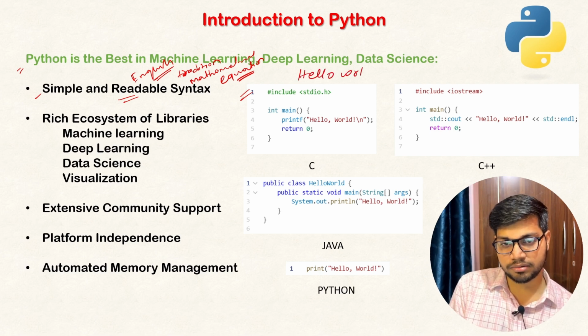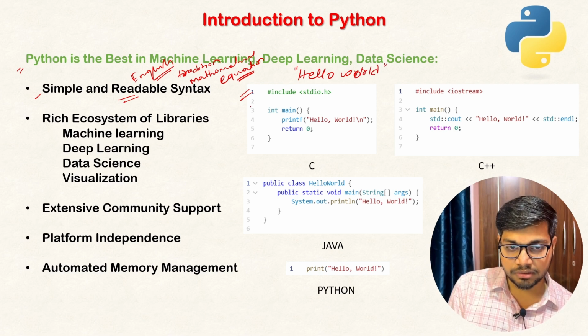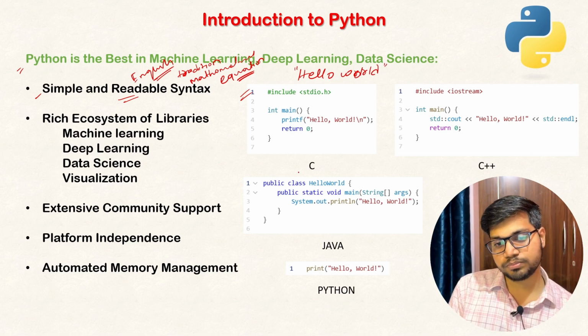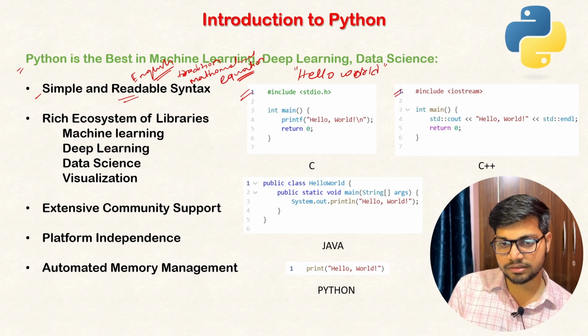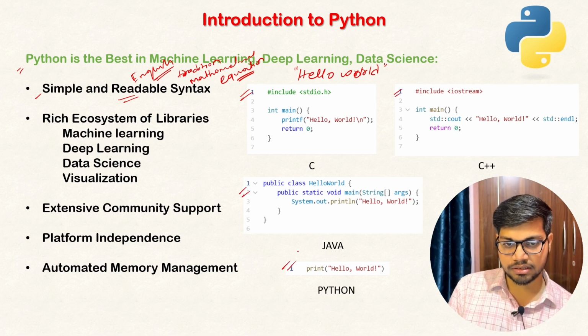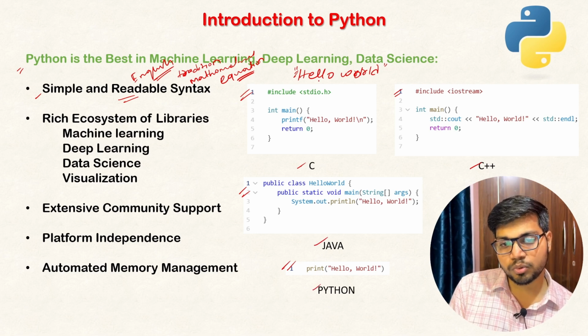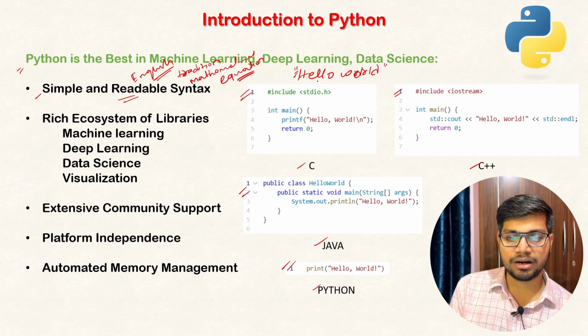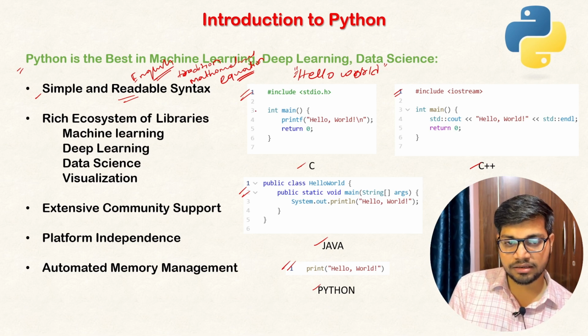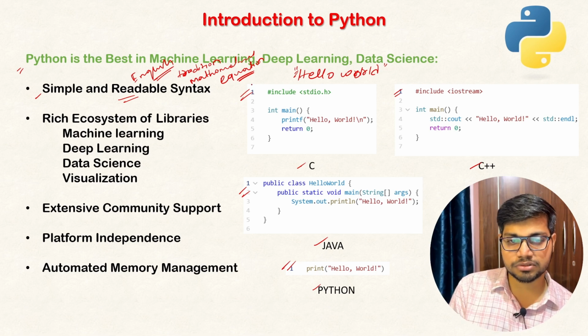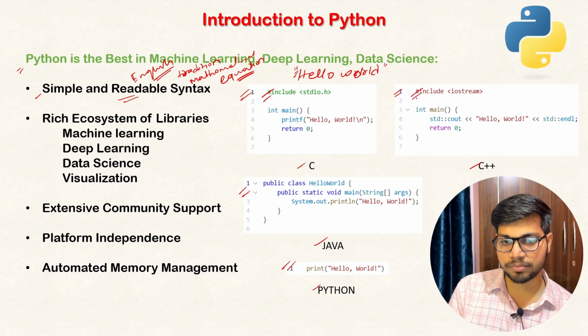Here our aim is to print only hello world. If you see here, the code for writing hello world in C, then in C++, then in Java, and then in Python. To print this simple hello world in C and C++ we require various header files.